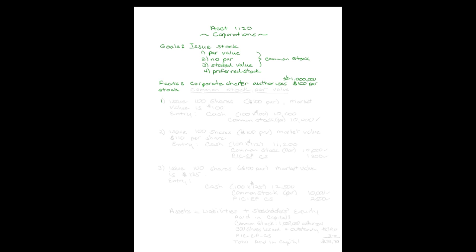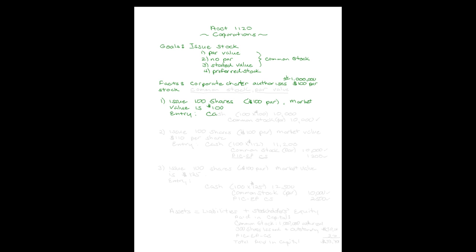And in our first example, let's assume we issue 100 shares of this $100 par value stock, and the market value when we issue this is also $100. A fluke, it just happens to be that way. What would the journal entry look like? Well, let's look at that.